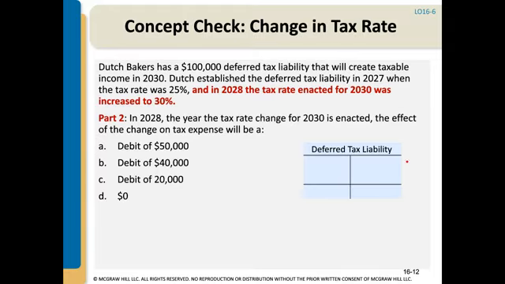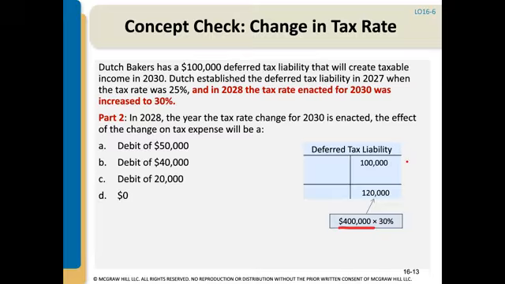Part two tells us that in 2027, the tax rate was 25%. And in 2028, the tax rate enacted for 2030 was increased to 30%. It wants to know what the effect on income tax expense will be in 2028, when that tax law got enacted. So we have a $100,000 deferred tax liability, which is at 25%, and we know that the gross amount of that is $400,000.